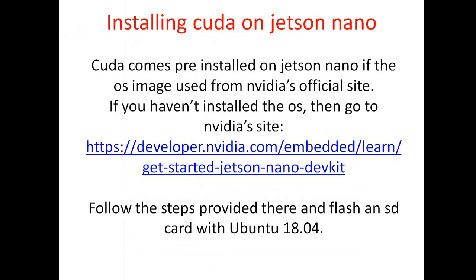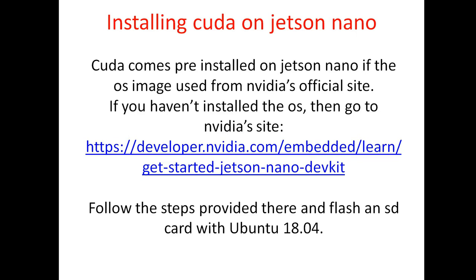Now, how to install CUDA on Jetson Nano? The idea is to do the CUDA programming using Jetson Nano. You can go to this site and explore more details about how to get started with the Jetson Nano developer kit.